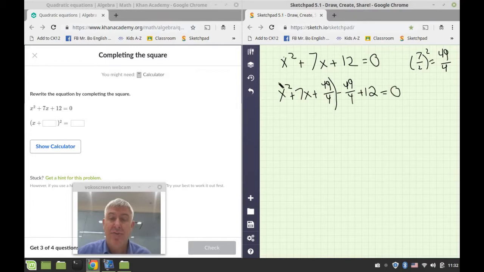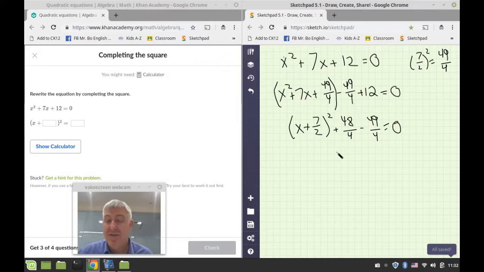Now we're going to group these together, and we're going to have 12. 12 is 48/4, because 4 times 12 is 48, minus 49/4 equals 0.